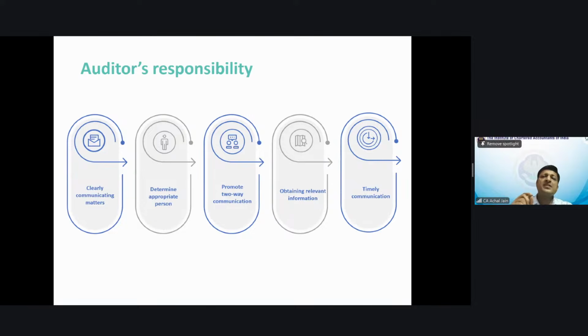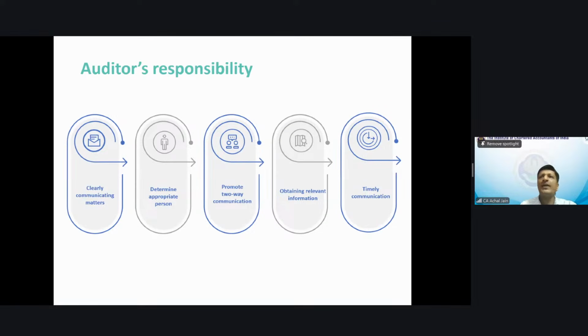Now that's where this standard comes into the picture. The standard talks about such a communication channel which needs to be in place, which needs to be set up, on the basis of which the effectiveness of the audit can be increased. Because what is the end objective? An effective audit. Yes or no?